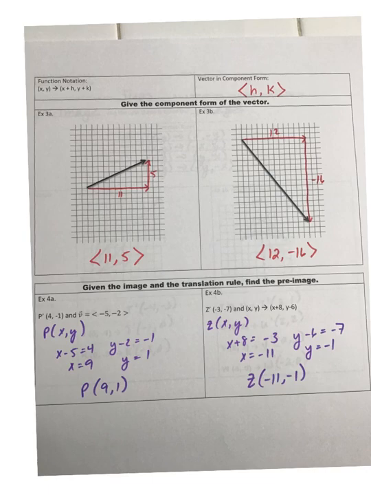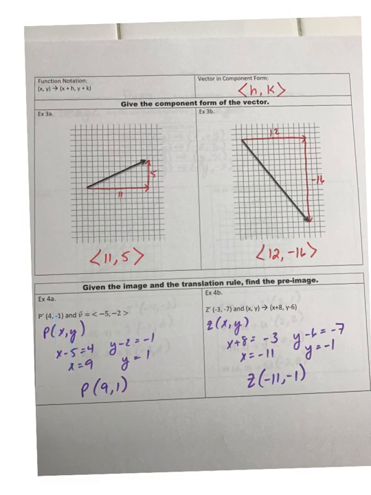Okay, example 4, a little backwards thinking. Given the image and the rule, we want to find the pre-image. So here's the vector that we applied, and here's the point that we got. We want to know, where did we start? This point x, y ended at 4, negative 1.